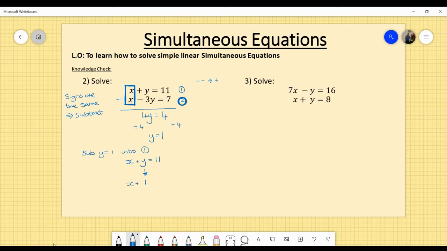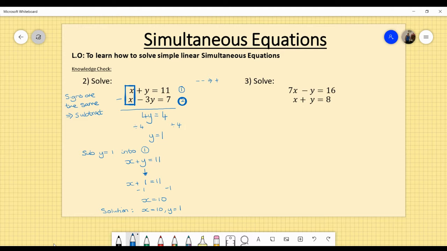So I've got x plus 1 equals 11. If I subtract 1 from both sides, I end up with x equals 10. So my solution at the end, and I'll always have an answer for both the two letters that are involved in the equations, is x equals 10 when y equals 1.